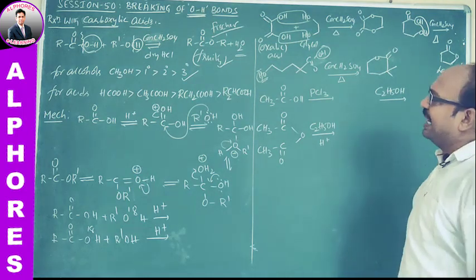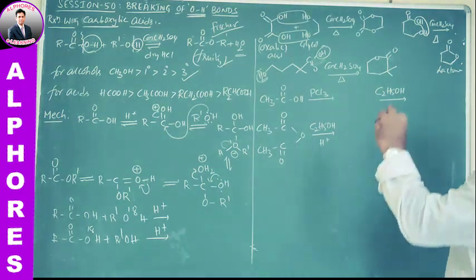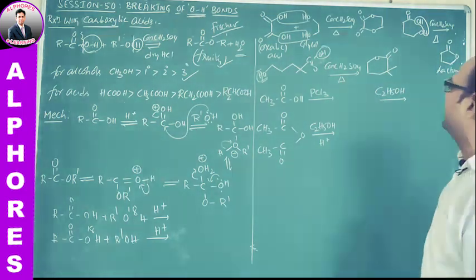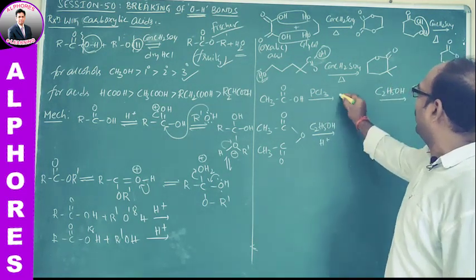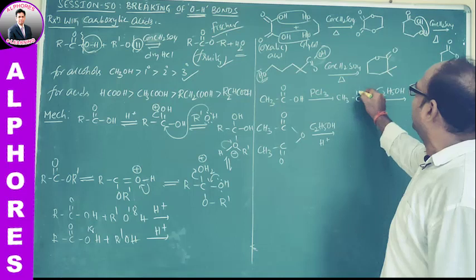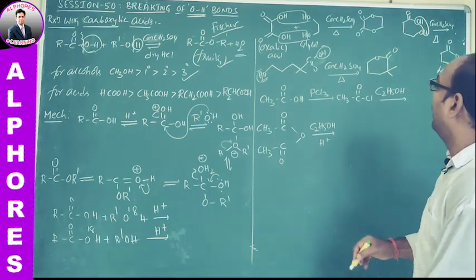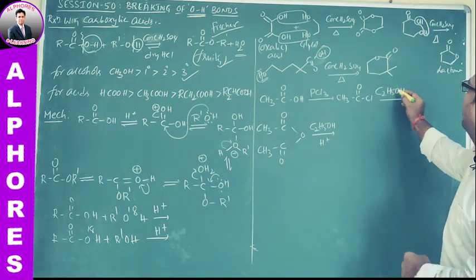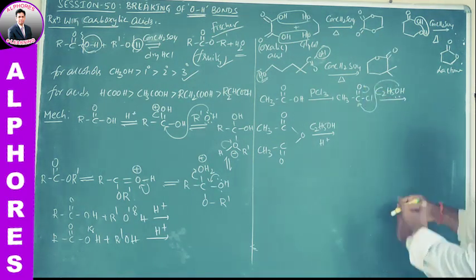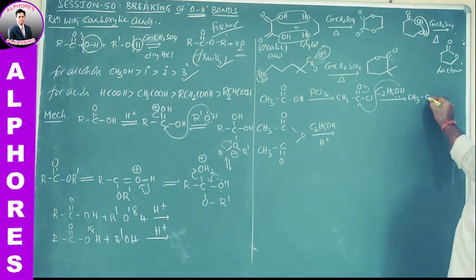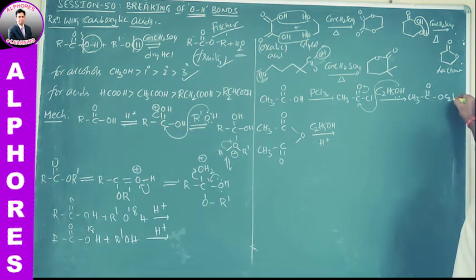Not only carboxylic acids but also carboxylic acid derivatives are going to participate in this reaction. So acetic acid upon reaction with PCl3 gives acid chloride, CH3 C double bond OCl, and the acid chloride upon reaction with ethyl alcohol, a nucleophilic substitution reaction, gives CH3 C double bond OC2H5.